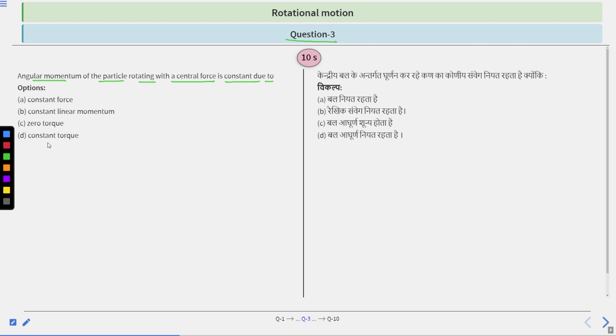So which option is correct? This question asks about concepts related to a particle rotating with a central force. You have 10 seconds to solve this question. After 10 seconds, we will provide the solution.